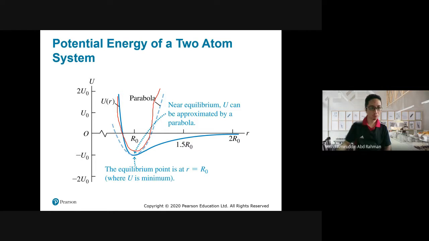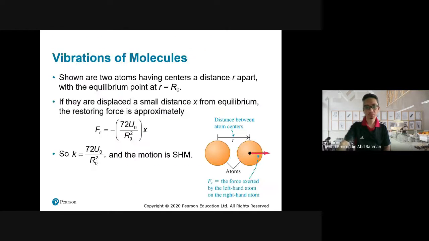So it has the potential energy at the highest when we have two atoms. For example, we have this one. So we have two atoms.